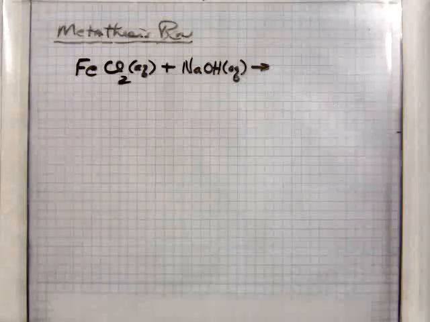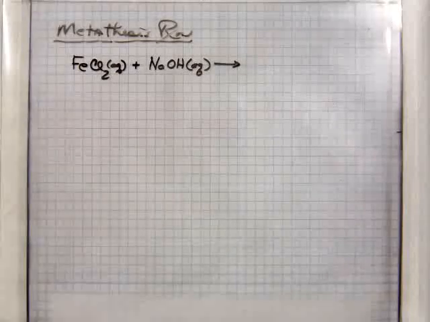Okay, so we're going to be working on this one and predicting the outcome of it. To begin with, you need to identify the cations and anions in each compound.